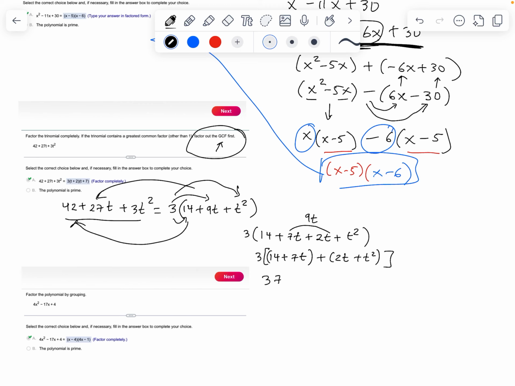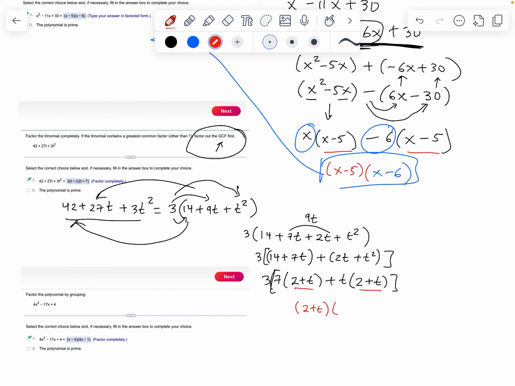From the first group, I can pull out 7. I'll be left with 2 plus t. From the second group, I'll pull out a t. I'll be left with 2 plus t. Now we see 2 plus t and 2 plus t.